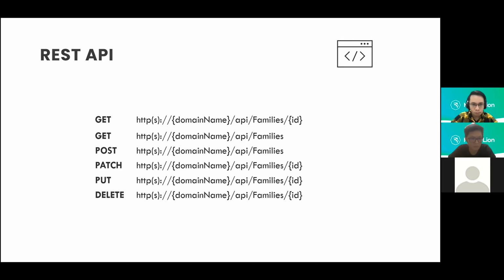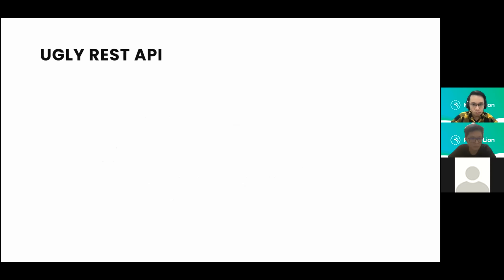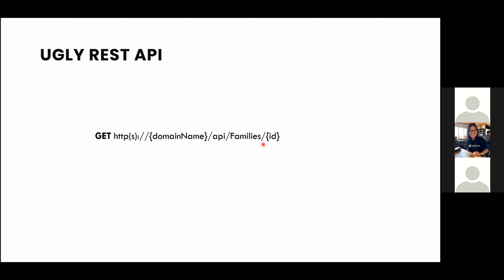Then comes the ugly part of REST. The ugly part is that until now you created a REST API that gives you the families. Then your application is evolving, a new requirement comes to you, and they ask you, give me families with one child.